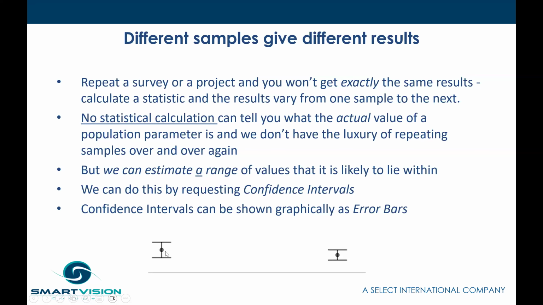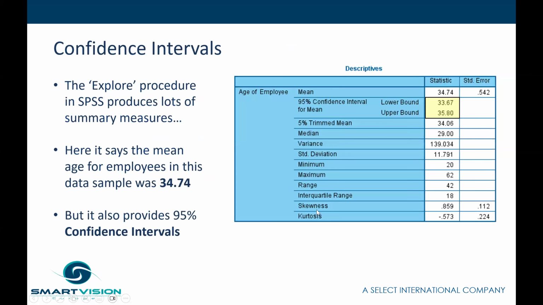You can have confidence intervals for other things like medians and other types of statistics, but they're most commonly associated with means. And here it's showing a mean, and the upper and lower parts of this interval are showing the upper and lower confidence limits for that mean, for that group, whatever that group is. It might be left-handed people over here and right-handed people over here. So you just need to bear in mind that they have a graphical equivalent that we can show.